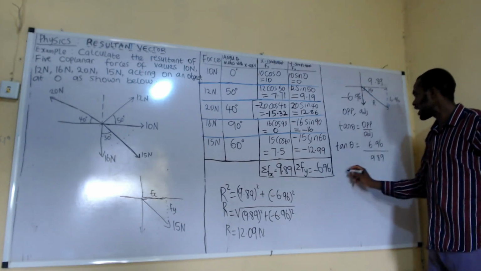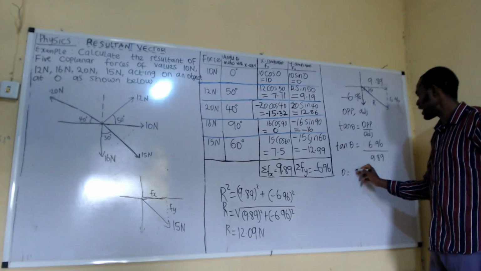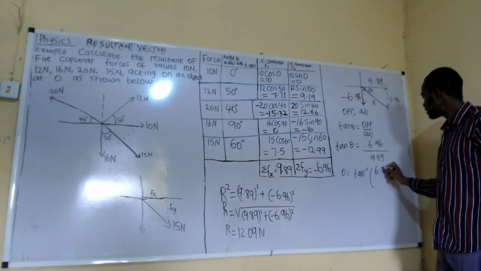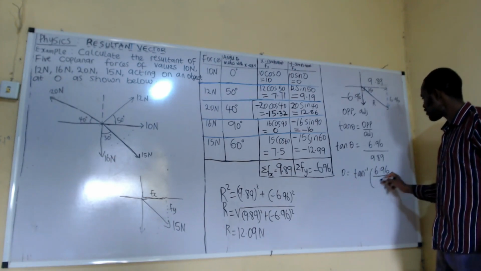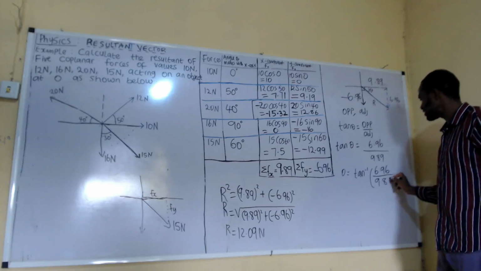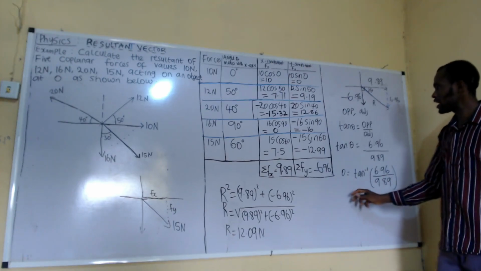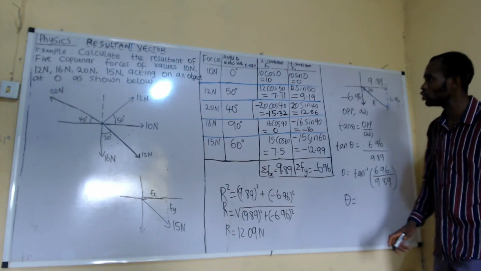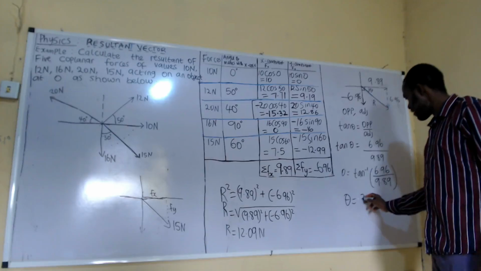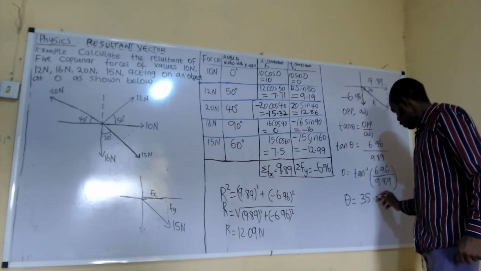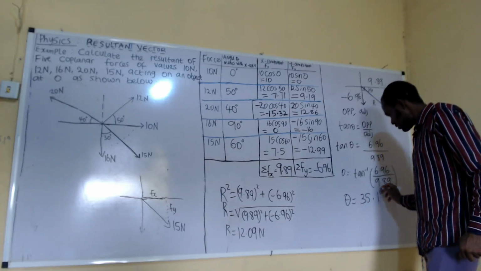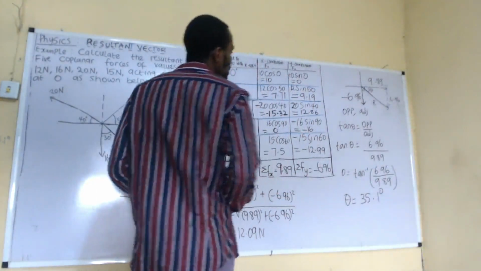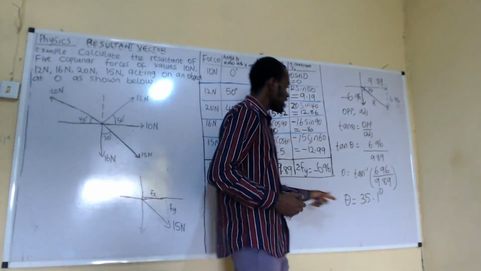Now you take the arctan of both sides, arctan of 6.96 over 9.89. Now when you do that, theta will be equal to 35.1 degrees.